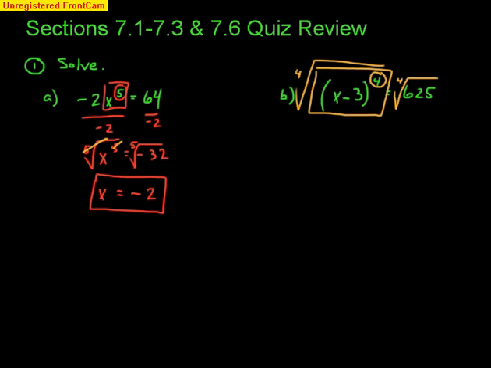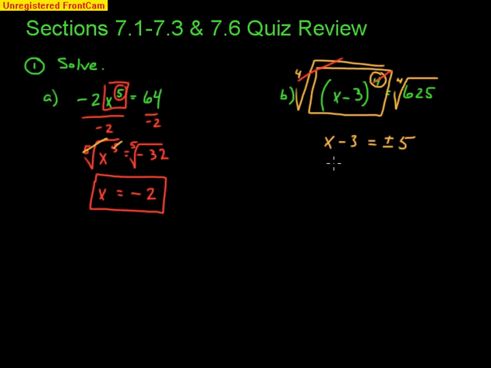So what happens? The fourth root and the fourth power cancel, and I get x minus 3. Parentheses can drop because the power is gone. And when you take the fourth root, an even root of 625, the calculator says 5. But even means 2 answers.